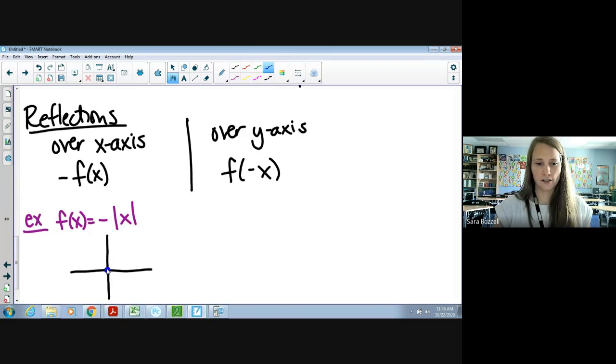Our vertex is still on the origin. We don't go up 1 over 1. Now we're going down 1 over 1. Or over 1, down 1. Either way, you want to think about it.